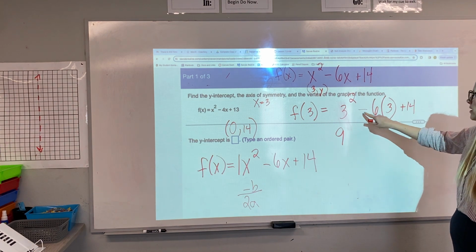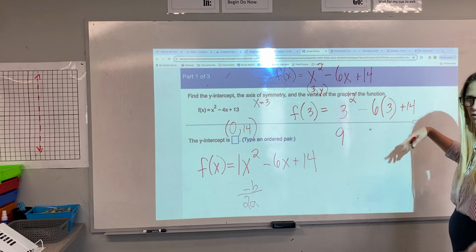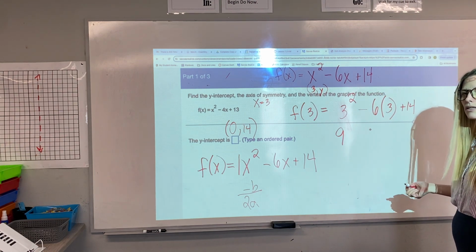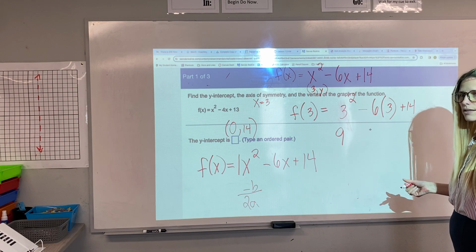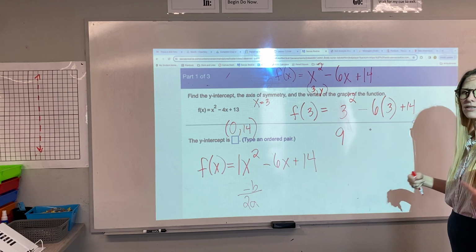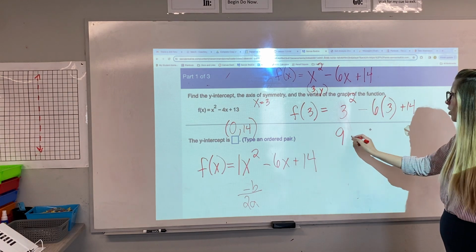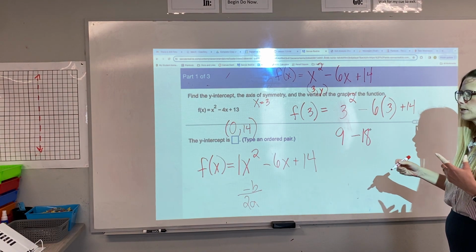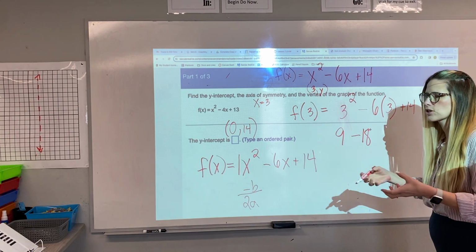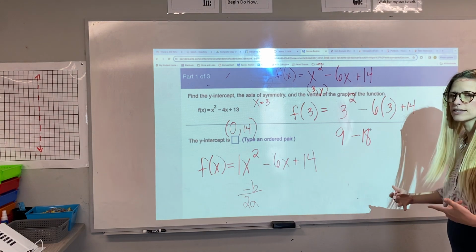Yes, this is negative 6 times 3. So I just want you to be able to verbalize that. Okay, so do that. Negative 6 multiplied by 3. Yeah, no, tell me the answer. Negative 18. Good. All I'm trying to get you to do is tell me the actual expression, the actual operation that we're doing, and then tell me the answer.